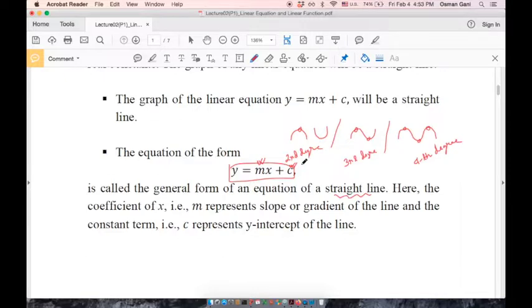The constant term c is the y-intercept of the line. And I will explain the definition of slope and y-intercept of the line later.